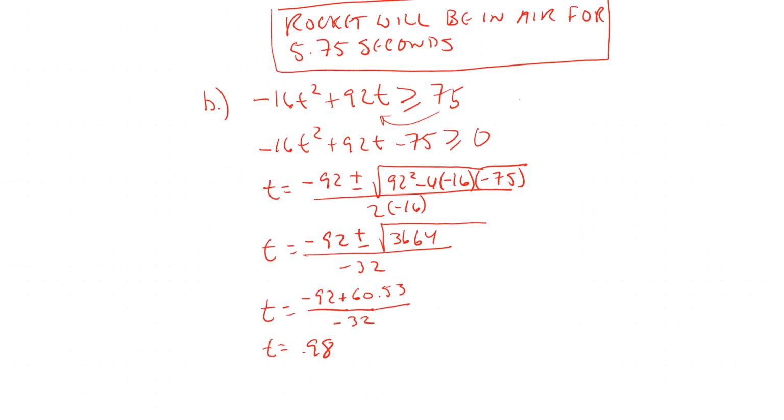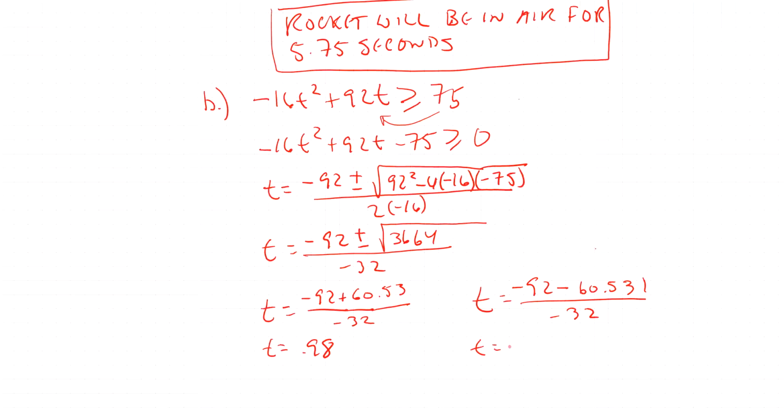Alright, and then I'm going to get t equals negative 92 minus 60.531 divided by negative 32, and so t equals, what is that going to be?